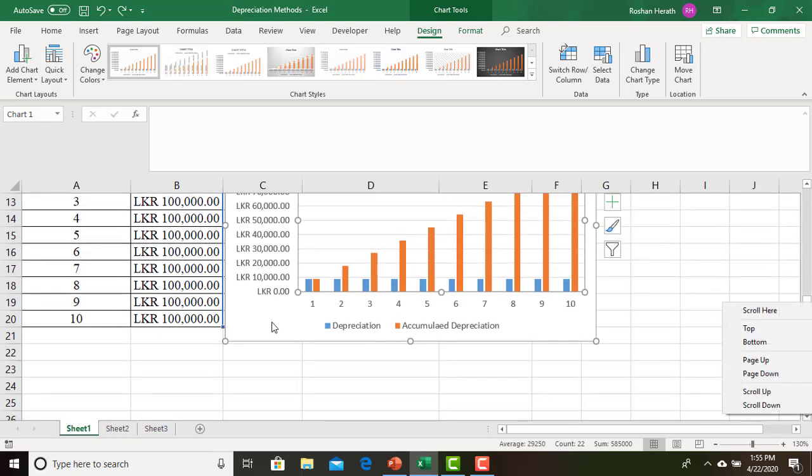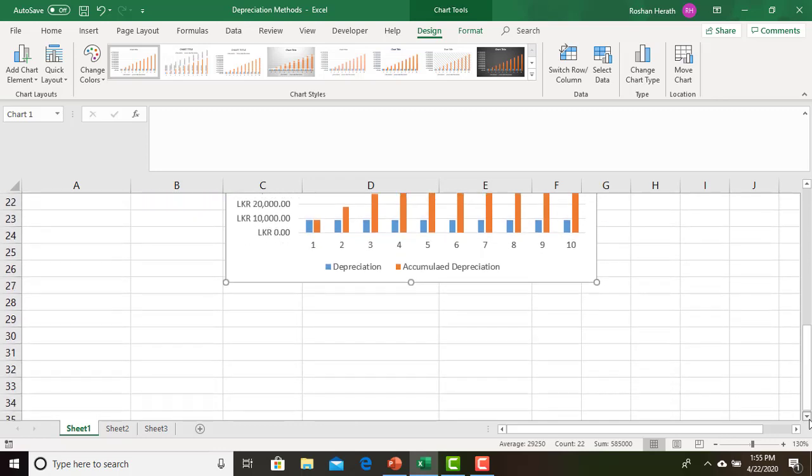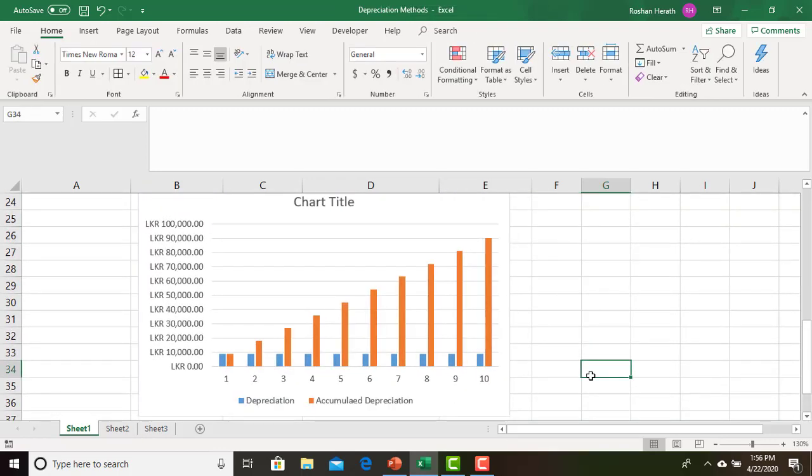You may drag this chart down a little bit, take it to a separate area, then you can very easily see that. Right, you can see this very clearly. The depreciation is represented by the blue color, and the orange color will represent the accumulated depreciation.